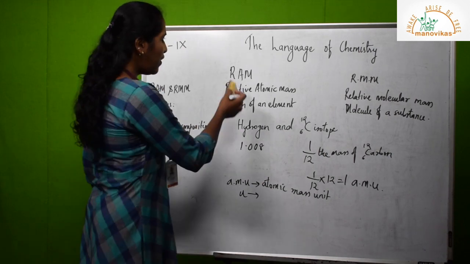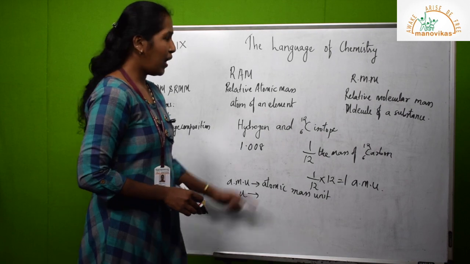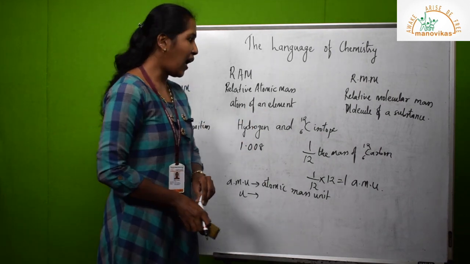Based on this, we will see the definition for relative atomic mass with respect to hydrogen and with respect to carbon 12 isotope.